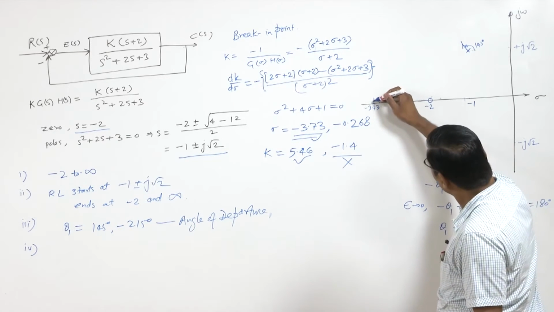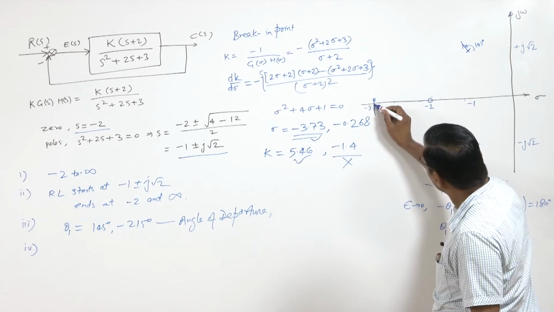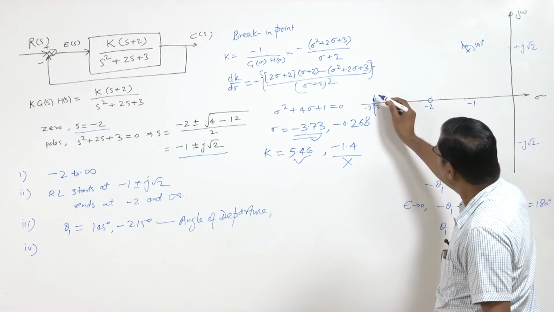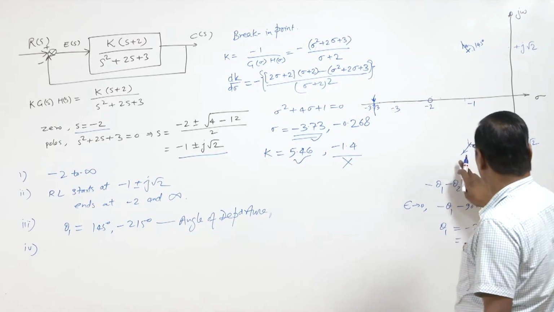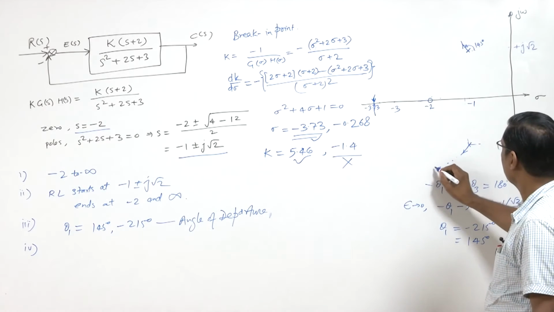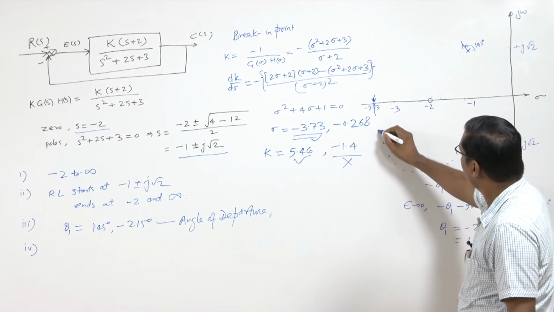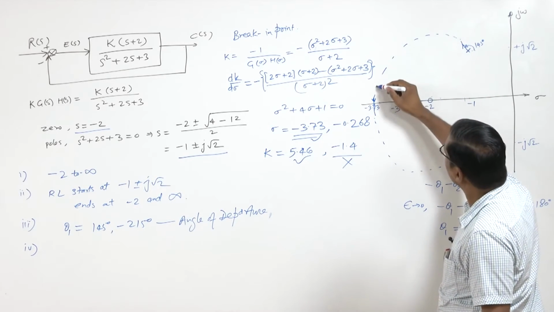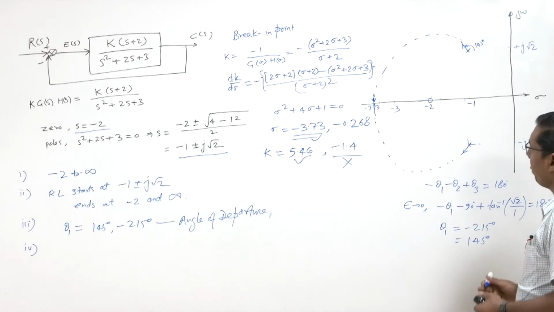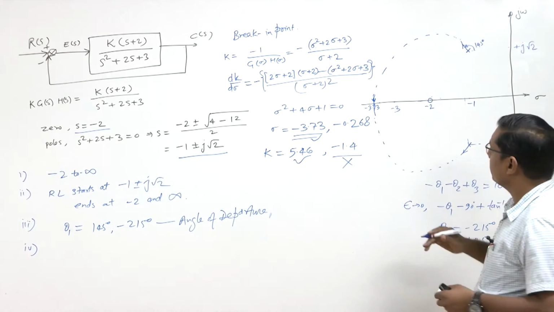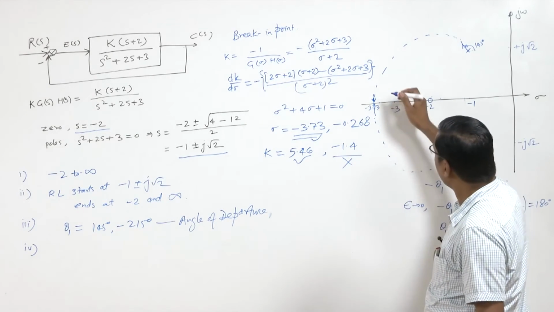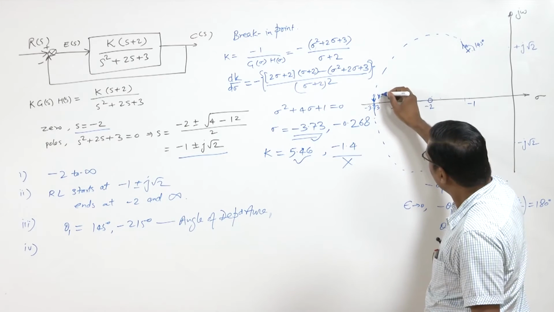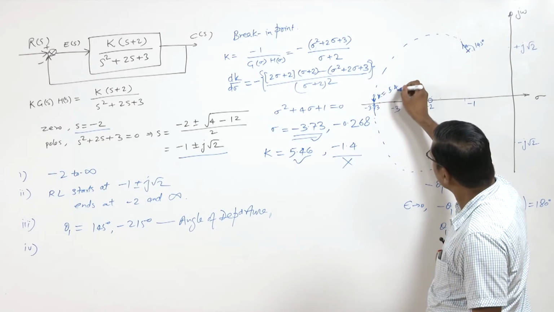So the root locus going from the poles will return back to the real axis at minus 3.73 and k equal to 5.46.